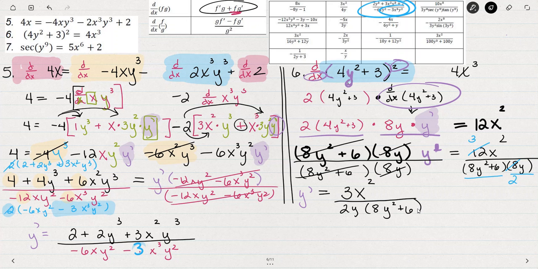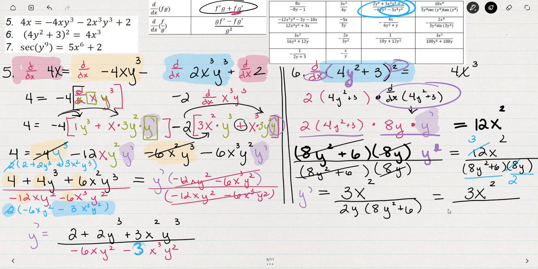Oh, and actually, we could leave it in that factored form. There's no reason to multiply it through. And you will find that answer in the answer box multiplied out. But you could, if you were doing this on your own, there'd be no reason to have to multiply it through. You could leave it factored.